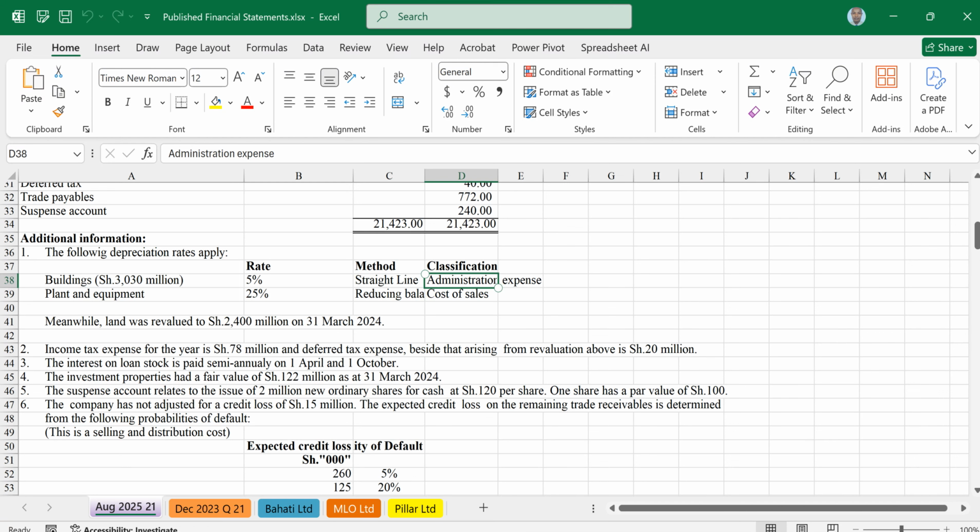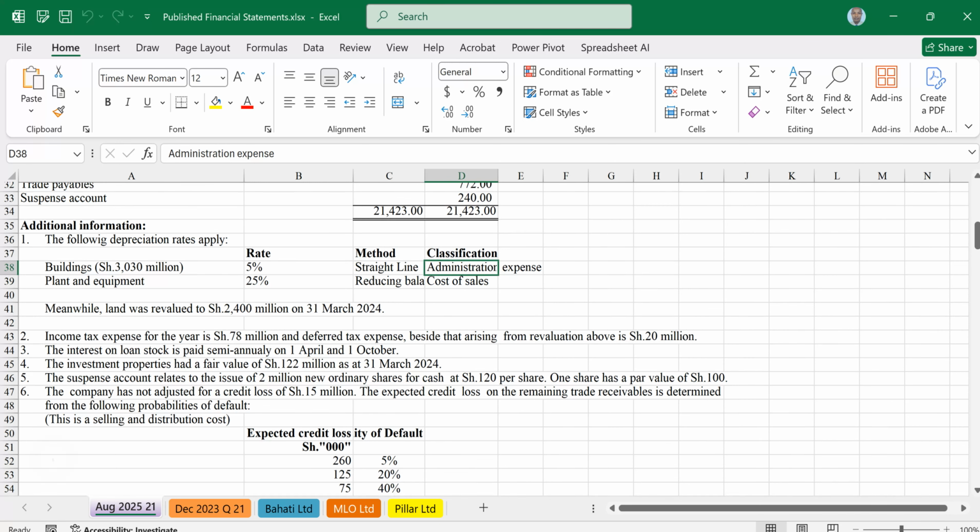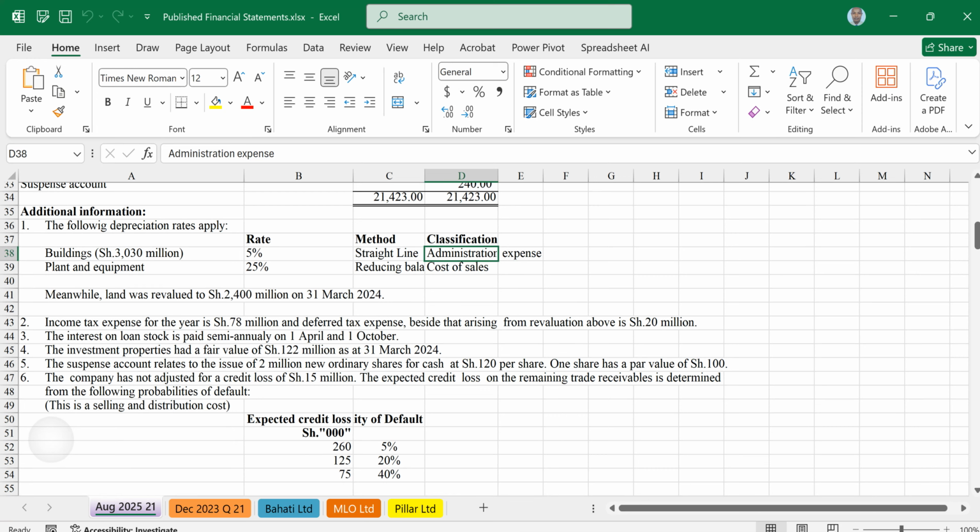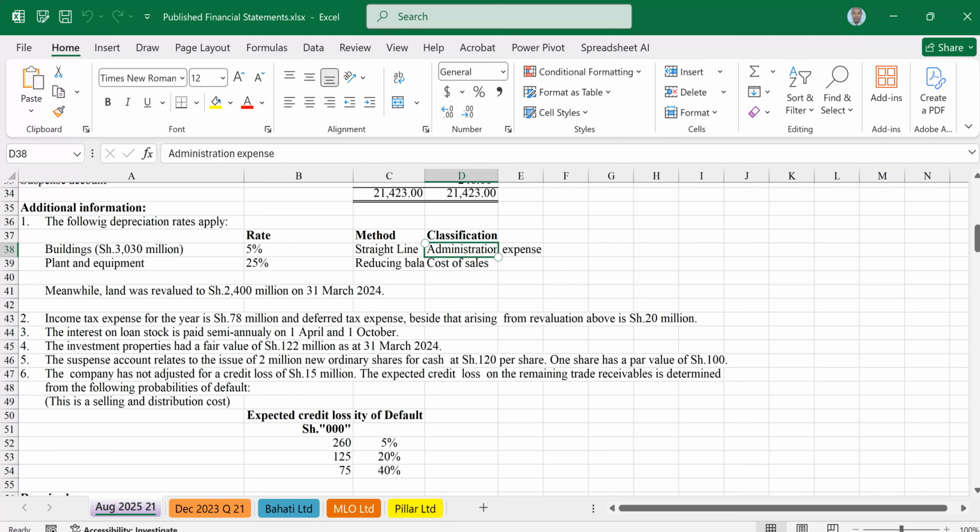The interest on loan stock is paid semi-annually on 1st April and 1st October. The investment properties had a fair value of 122 as at 1st March 2024. The suspense account relates to the issue of 2 million new ordinary shares for shillings 120 per share. One share has a par value of 100.